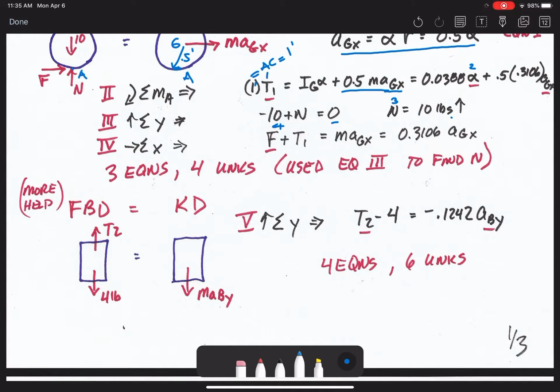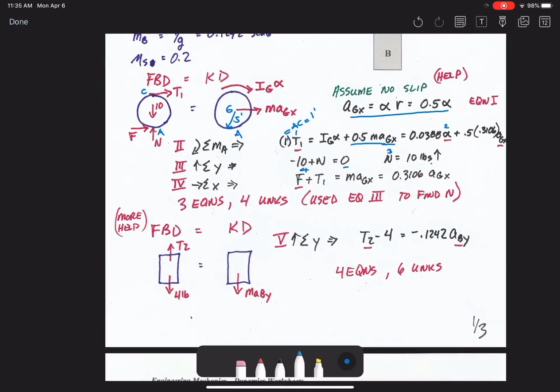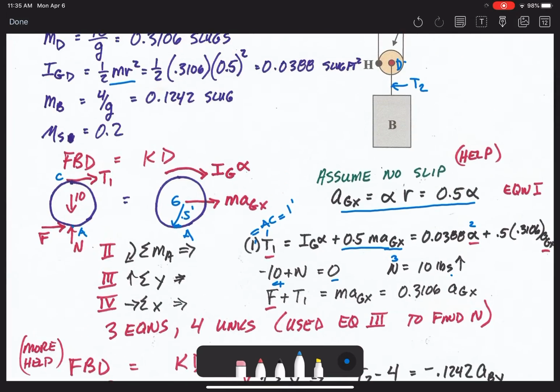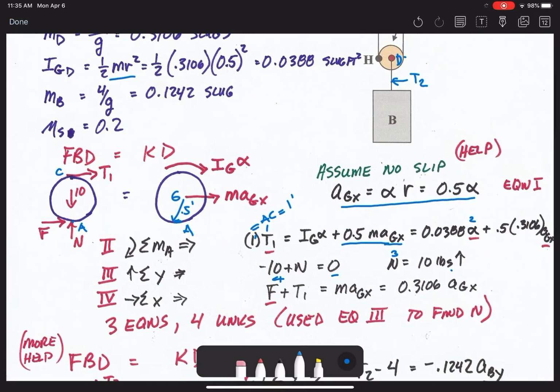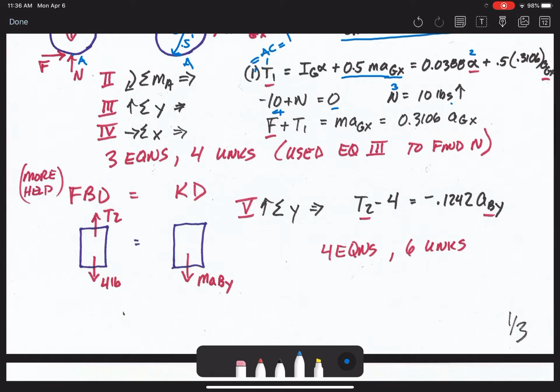So we continue to draw the free body diagram for the block, and like I said, it's T2 for the tension in the cable, and 4 pounds going down, and this body is in translation, so it has no I G alpha, and it moves vertically, so it only has m a By.